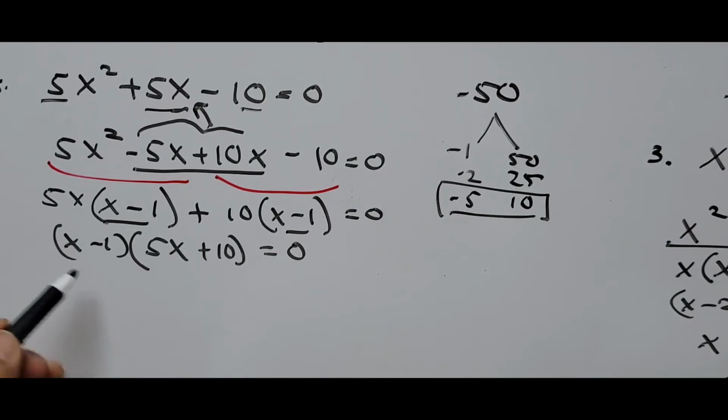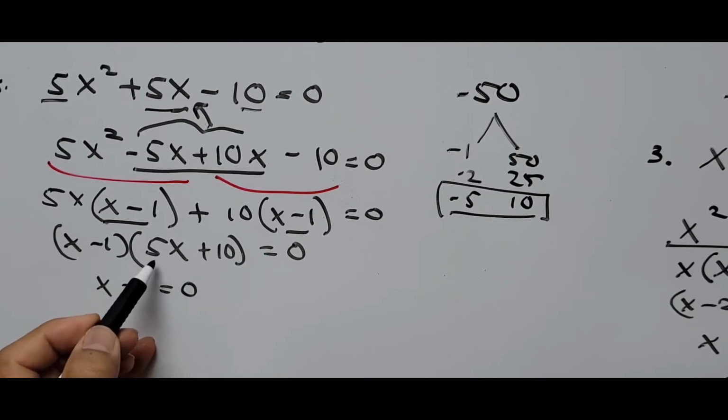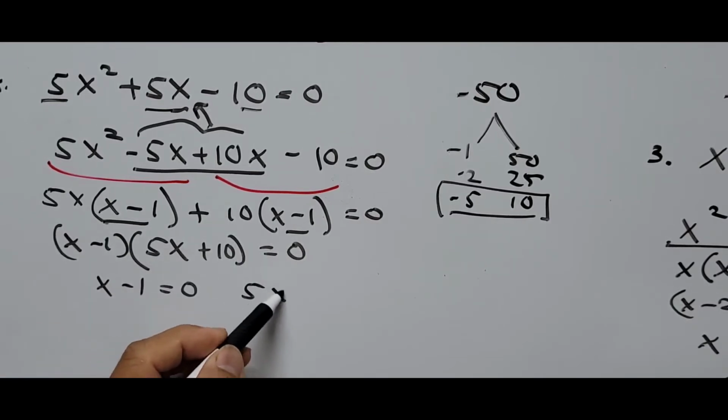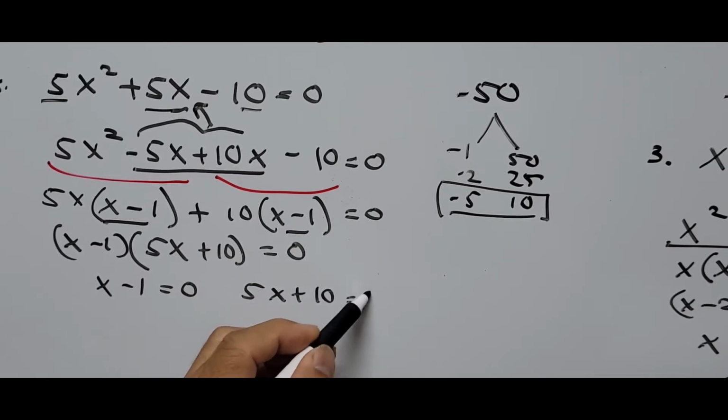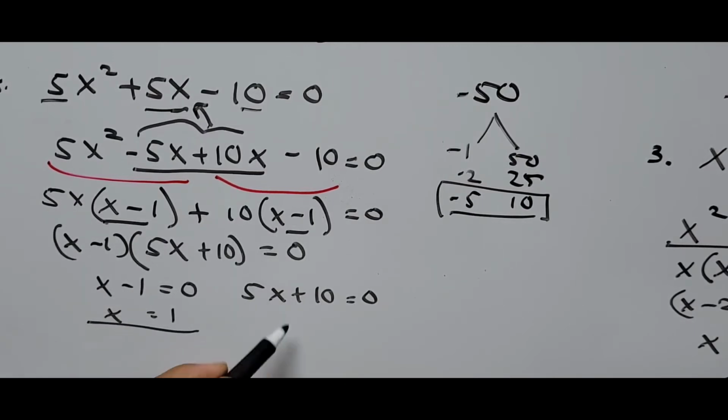Now we have to set both factors to 0. So x minus 1 equals 0, and the other one, 5x plus 10 equals 0. Solve for x: transpose 1, positive 1. That's the first answer. And here, x is equal to transposing 10 to the other side, it becomes negative 10.